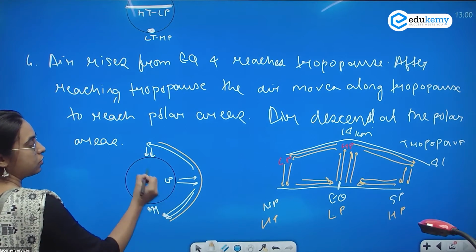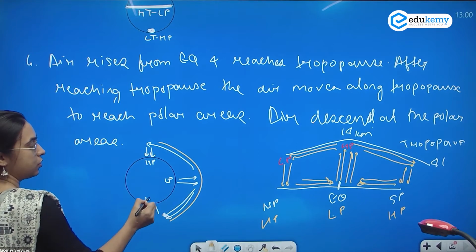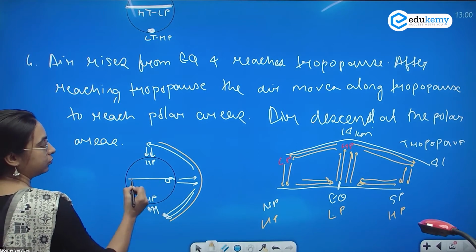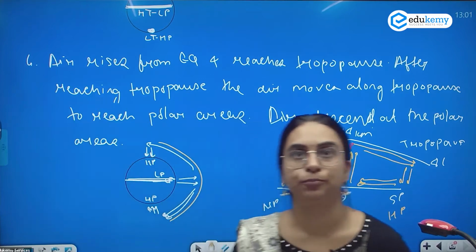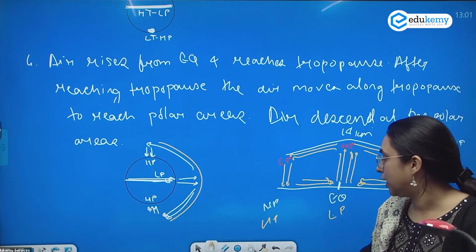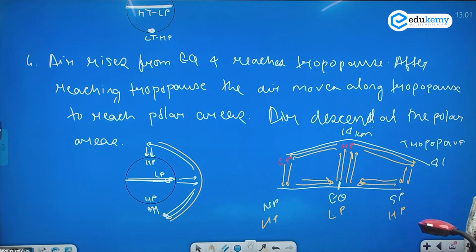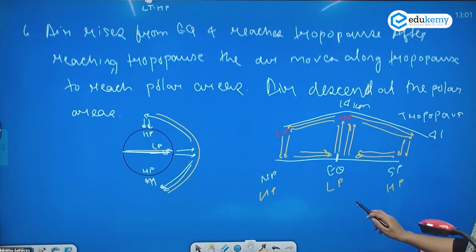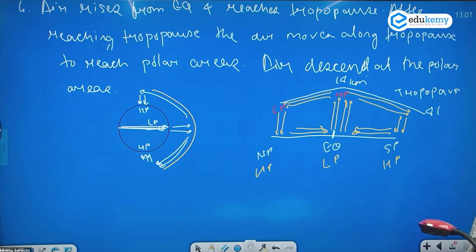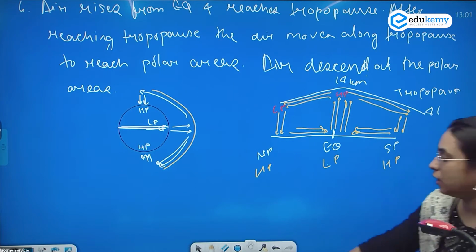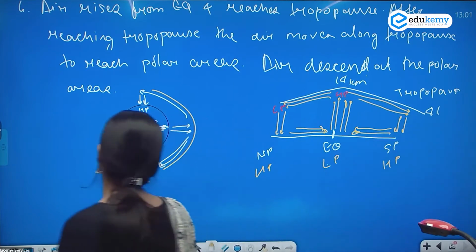So you have low pressure, high pressure, low pressure, high pressure. Right? This is what Hadley says. Hadley says the air rises from the equator and reaches the tropopause. After reaching the tropopause, the air moves along it to reach the polar areas. The air descends at the polar areas.